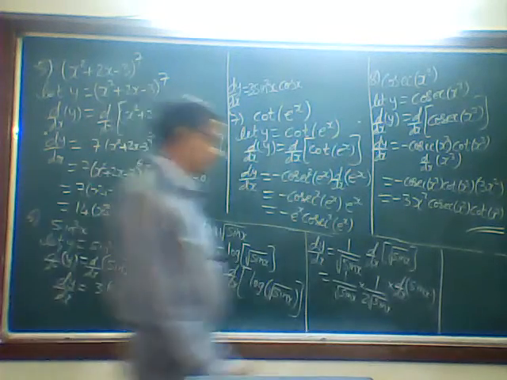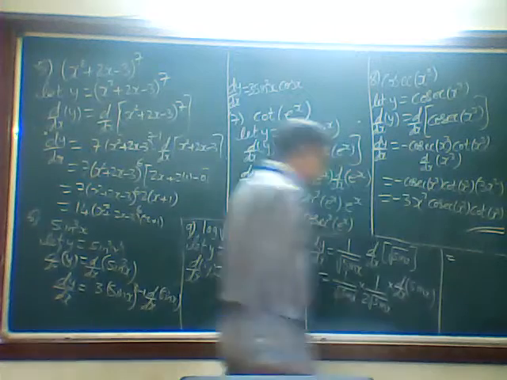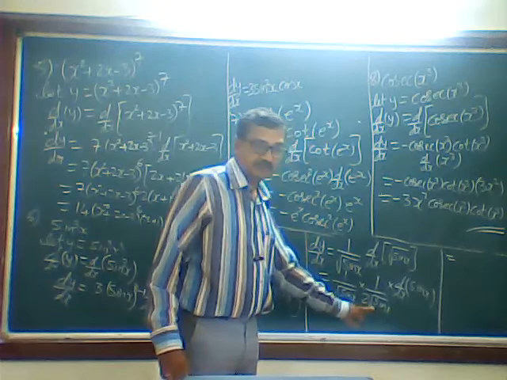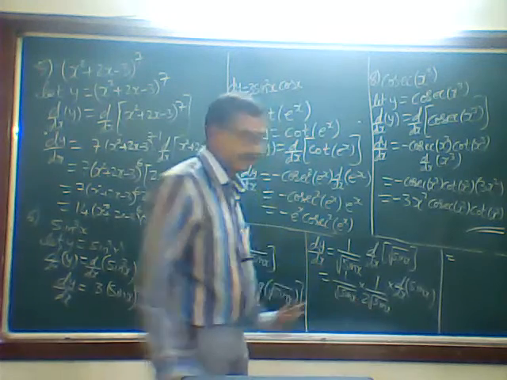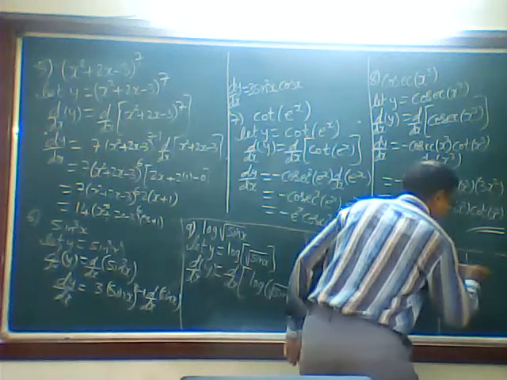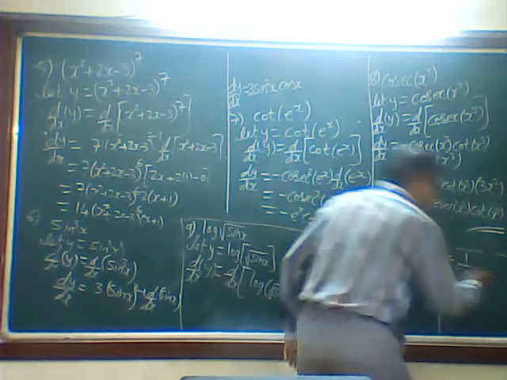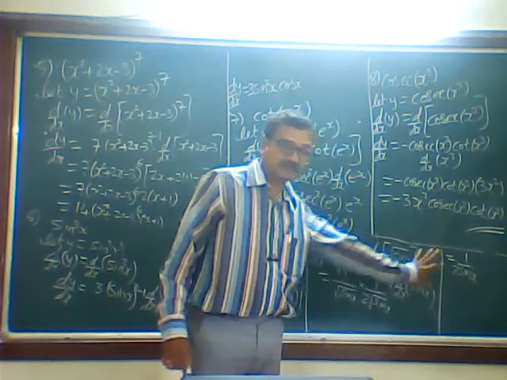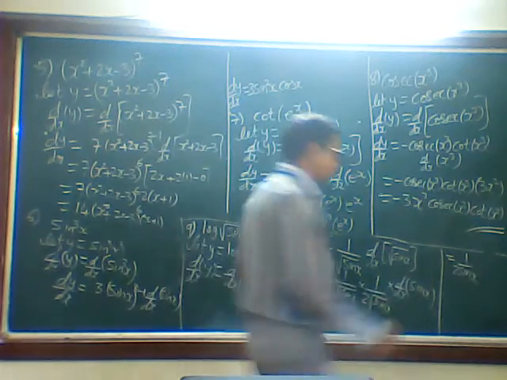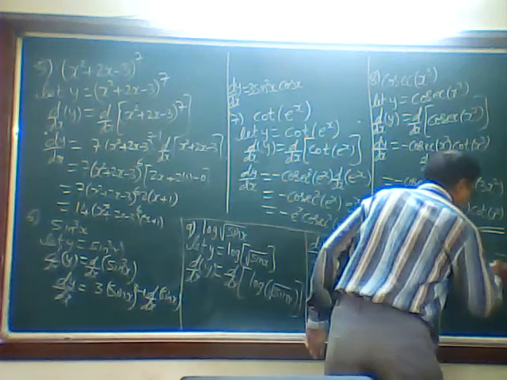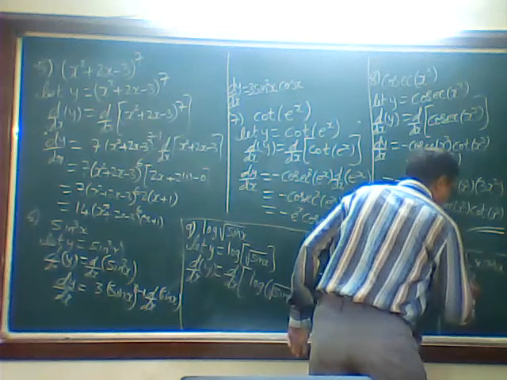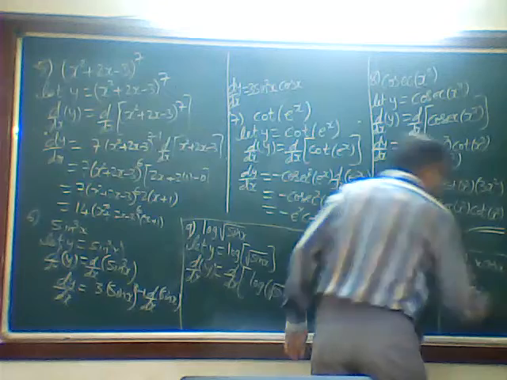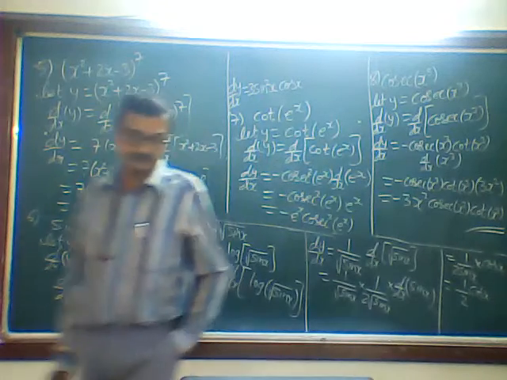So what happens here? I will multiply this 1 upon 2 root sin x into root sin x. What happens? Root sin goes. It will become 1 upon 2 sin x. Yes or no? Root will go, 1 upon 2 sin x into d by dx of sin x is what? Cos x. Then 1 upon 2 as it is, cos by sin is cot. So cot x upon 2 is the answer.